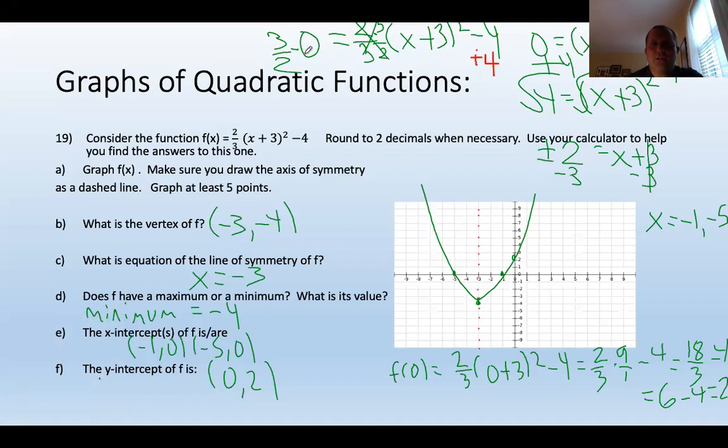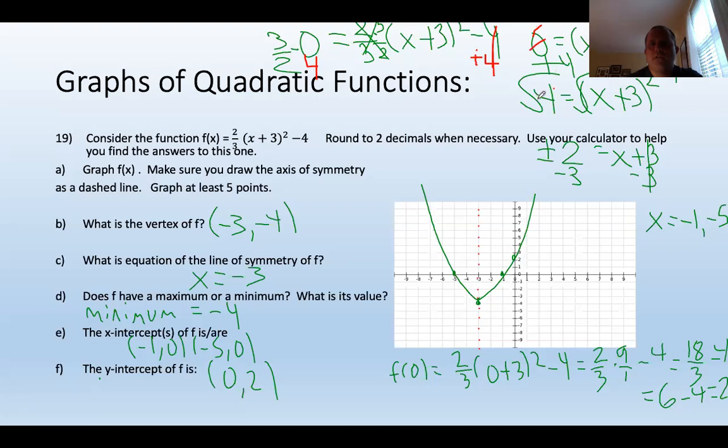So it should actually be a 4 over here rather than 0. But then you would want to multiply by 3/2. And so you wouldn't have 0 over here anymore. You'd have 3/2 times 4, you'd have 6. So you'd have 6 equals x plus 3 squared.